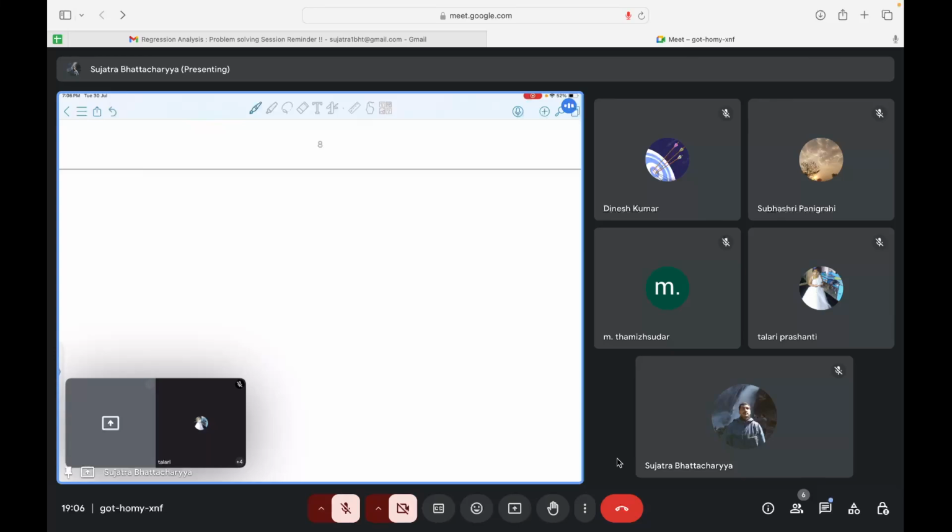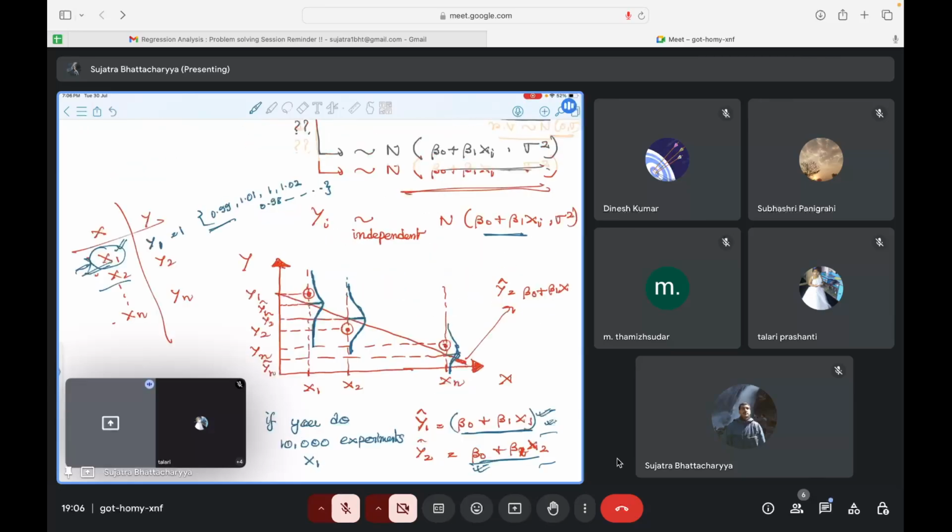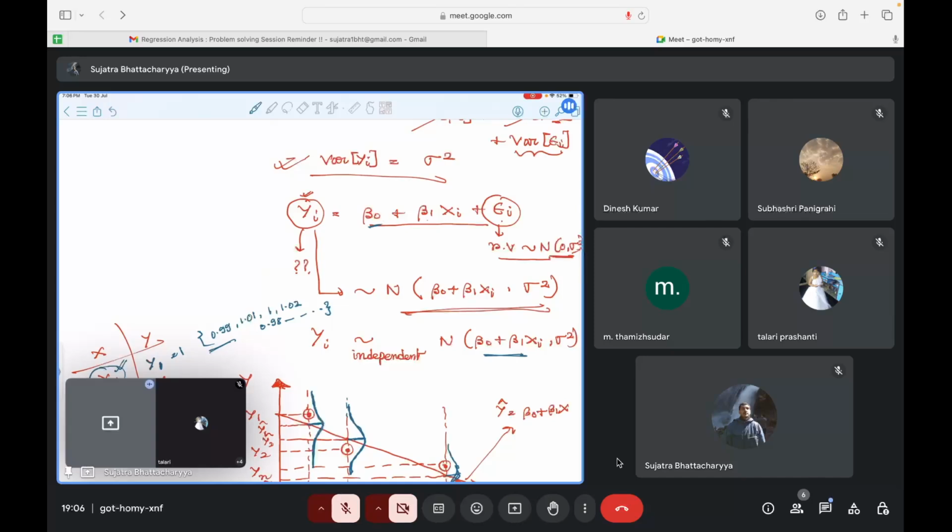Now we call beta naught cap and beta 1 cap the estimators. Estimators of what? Of the population parameters, that is beta naught and beta 1. So beta naught and beta 1 in the linear regression model, LRM, are population parameters.